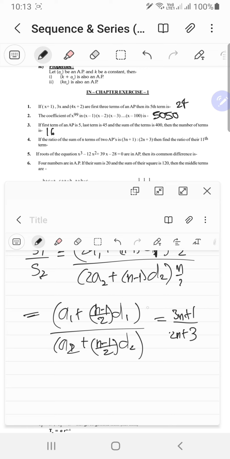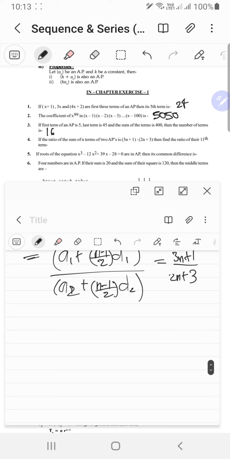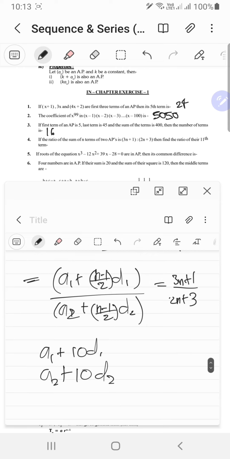So from that you can find out what d1 and a1 are. Like you can find out everything, but that's not the aim of this question. We want to find the ratio of their 11th terms. So the 11th term of the first AP will be a1 plus 10 d1, and for the second AP as well, it's a2 plus 10 d2. And how do you get the ratio of these values?